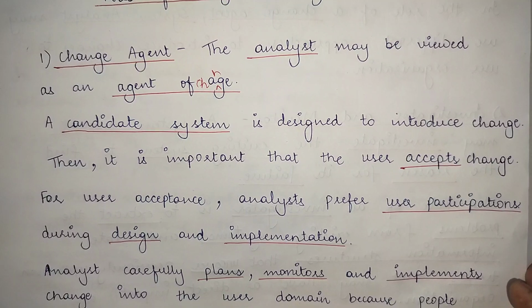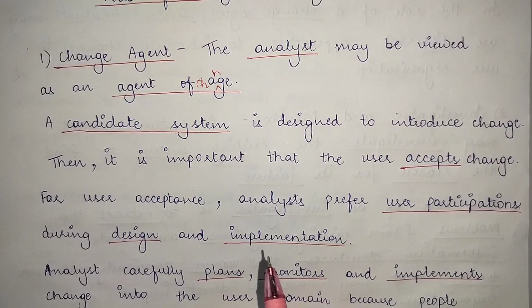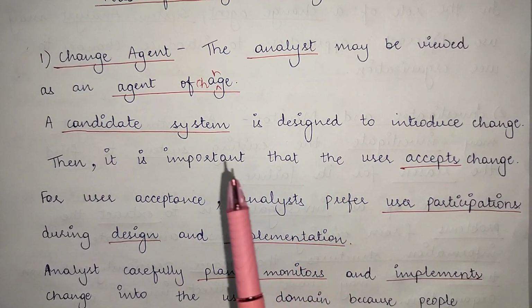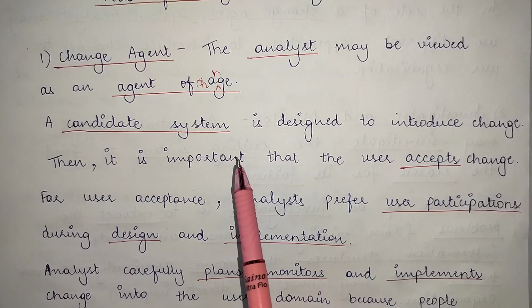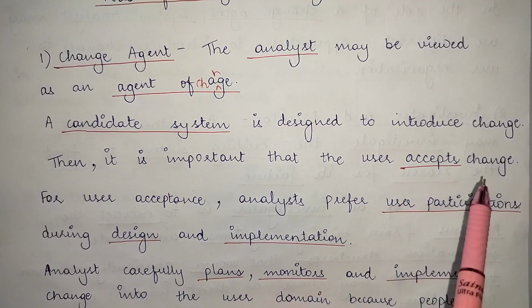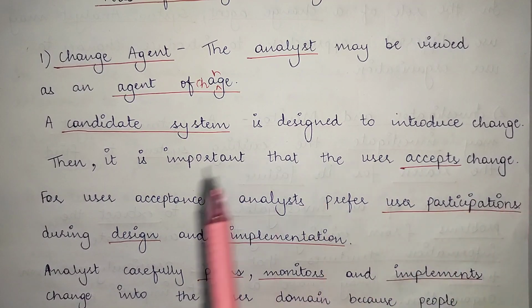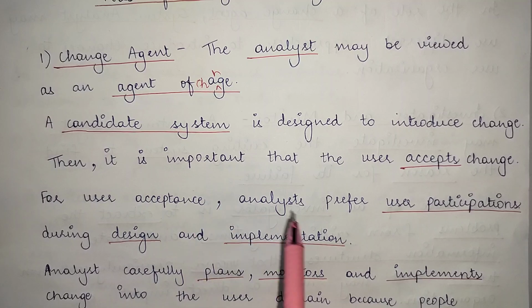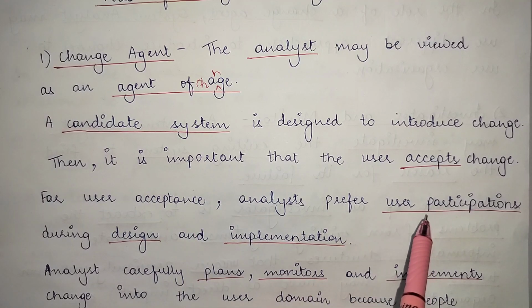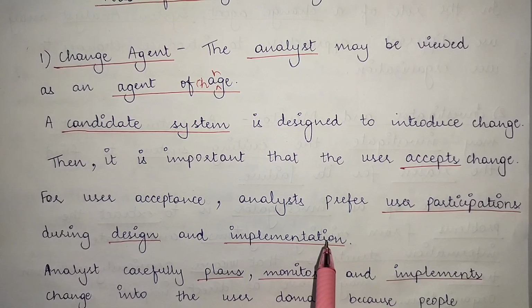As humans, we all are resistant to changes. It is difficult for us to accept any changes in our way of working. So it is important that the users who will be using the candidate system on a daily basis accept those changes. And for user acceptance, analysts prefer user participation during design and implementation.